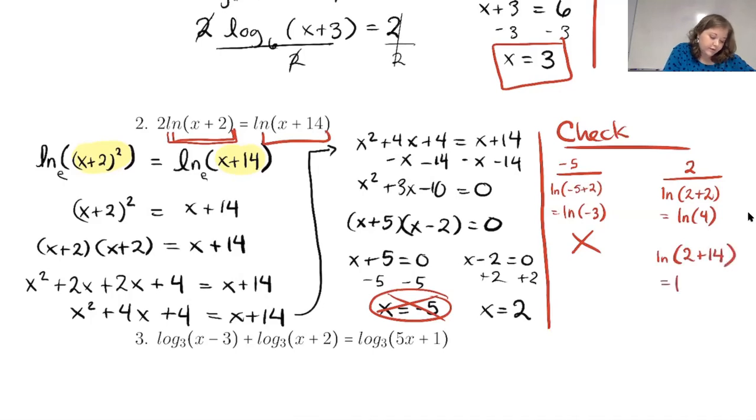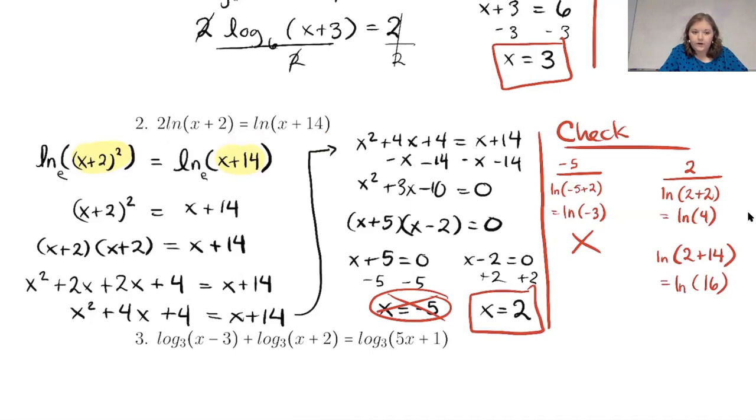And so natural log of 2 plus 14 equals natural log of 16. And that inside is a positive number, so that means that 2 is okay to plug into both of those. So in the end, we just have one solution for the second problem.